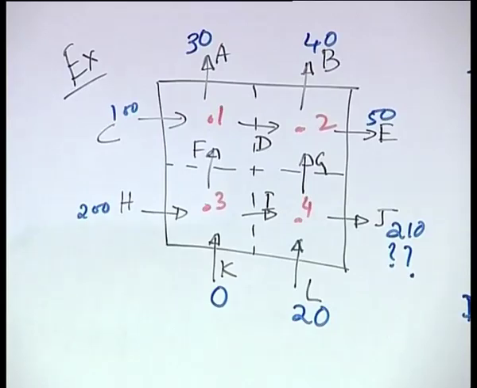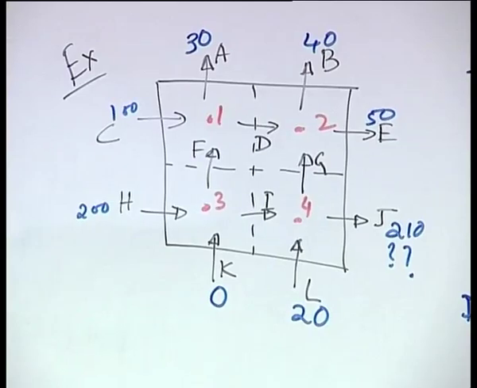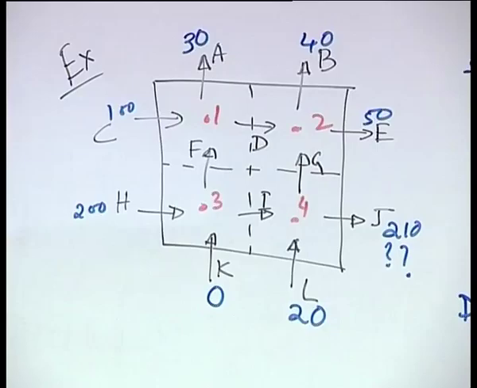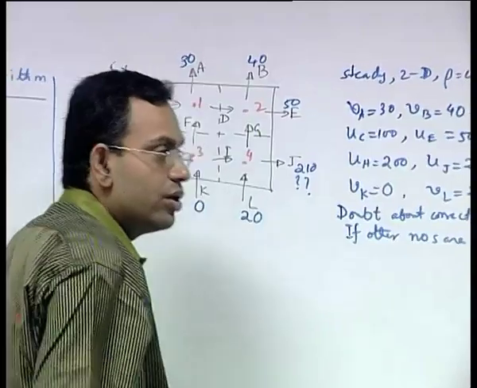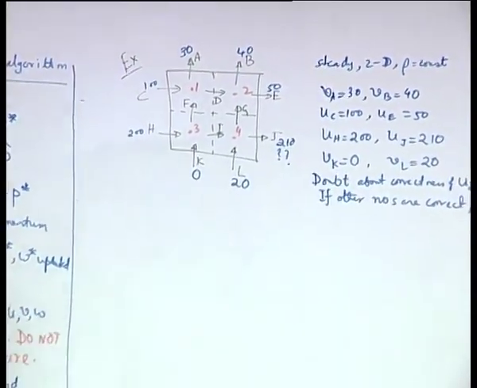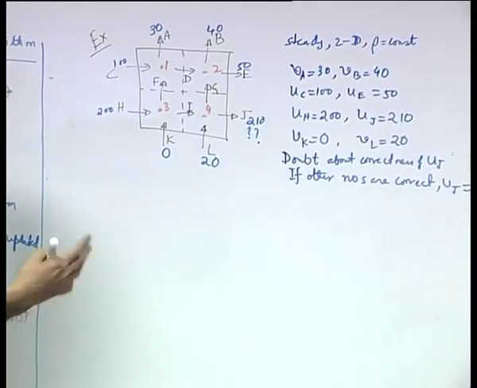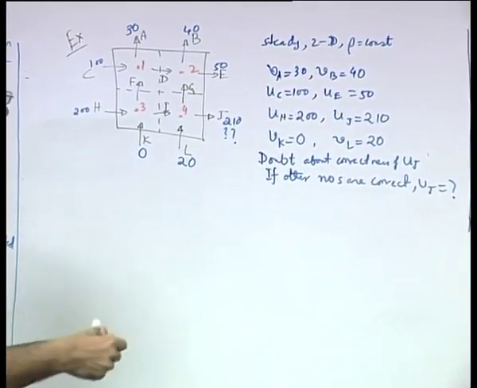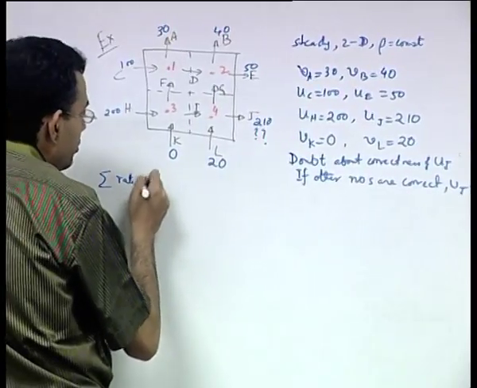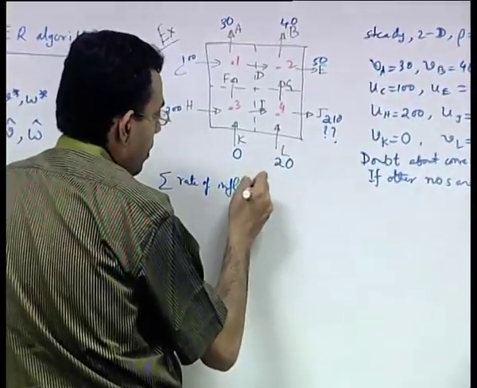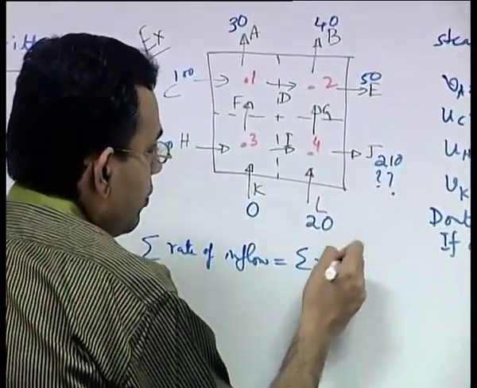So, how will you find out what is the correct Uj? You have to satisfy the continuity equation. It is a steady 2 dimensional flow with constant density. The net rate of inflow must be same as the net rate of outflow. So, summation of rate of inflow is equal to summation of rate of outflow.